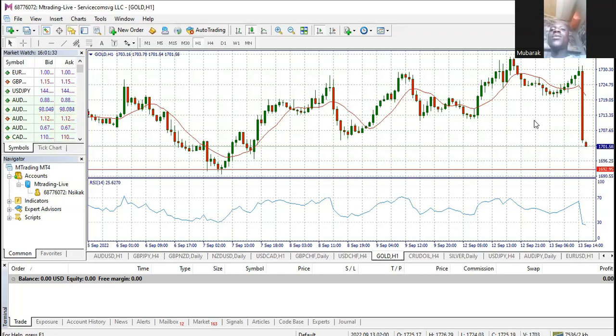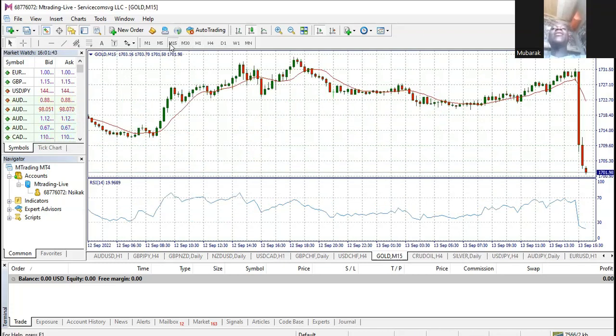What made me want to enter is that on a 15-minute time frame, I had seen that this had already grabbed the liquidity, and markets often come back to 50% of that institutional candle and make a sell back. And like this, that's what it did.